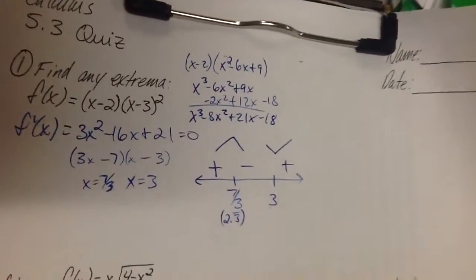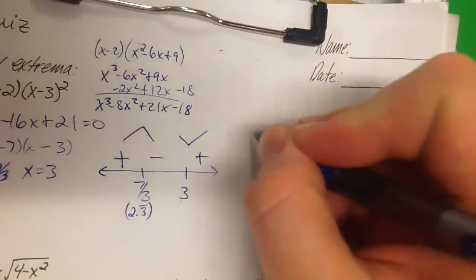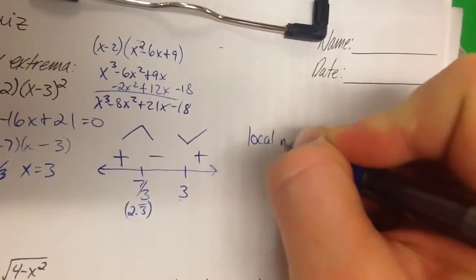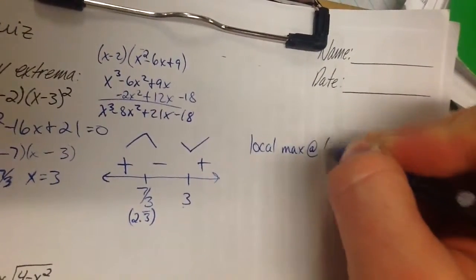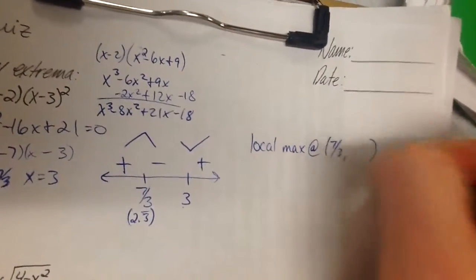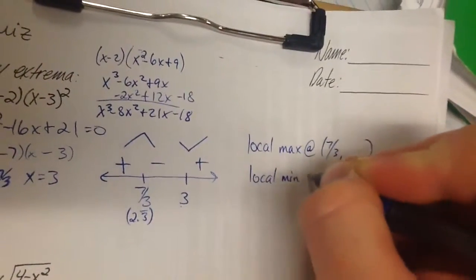No, that'll always exist. Okay, so those were our only 2 critical points. So now we got it. Local max at 7/3, and local min at 3.